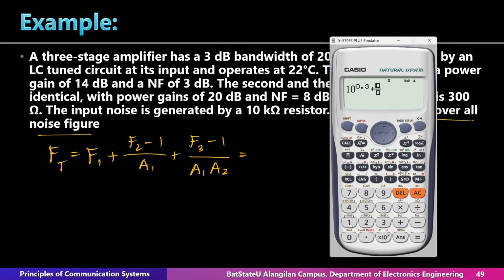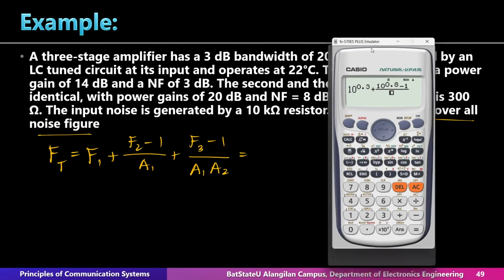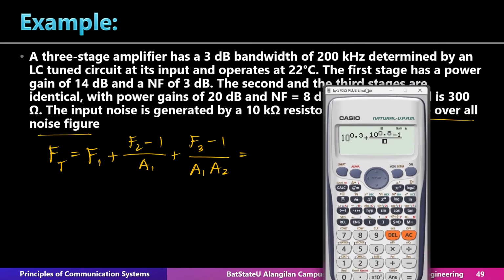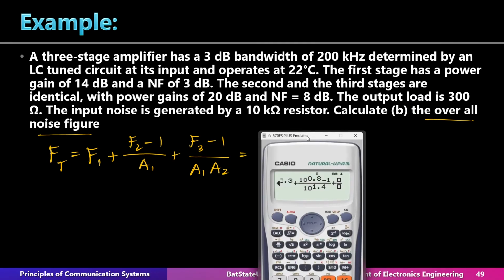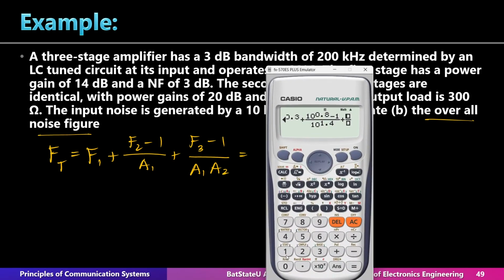Diba? Plus, yung F2 natin, ano po ang kanyang noise figure? So, 10 raised to 0.8 minus 1 divided by the gain of the first stage. Power gain daw ng 14. So, 10 raised to 1.4 plus for the third stage, di ba identical yung second at third stages? So, ang noise factor niya, 10 raised to 0.8 pa rin.